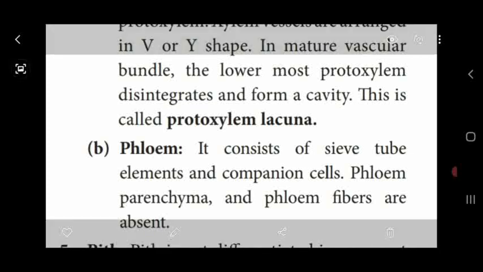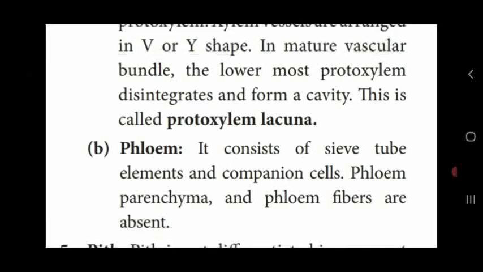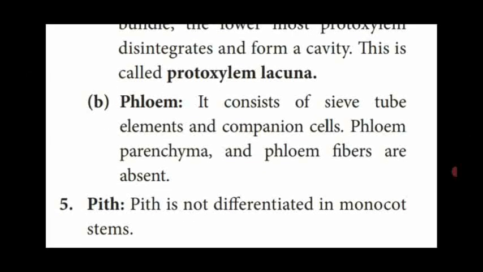In this monocot stem, sieve tube elements and companion cells are present, but phloem parenchyma and phloem fibers are absent. So out of the 4, only 2 are present.